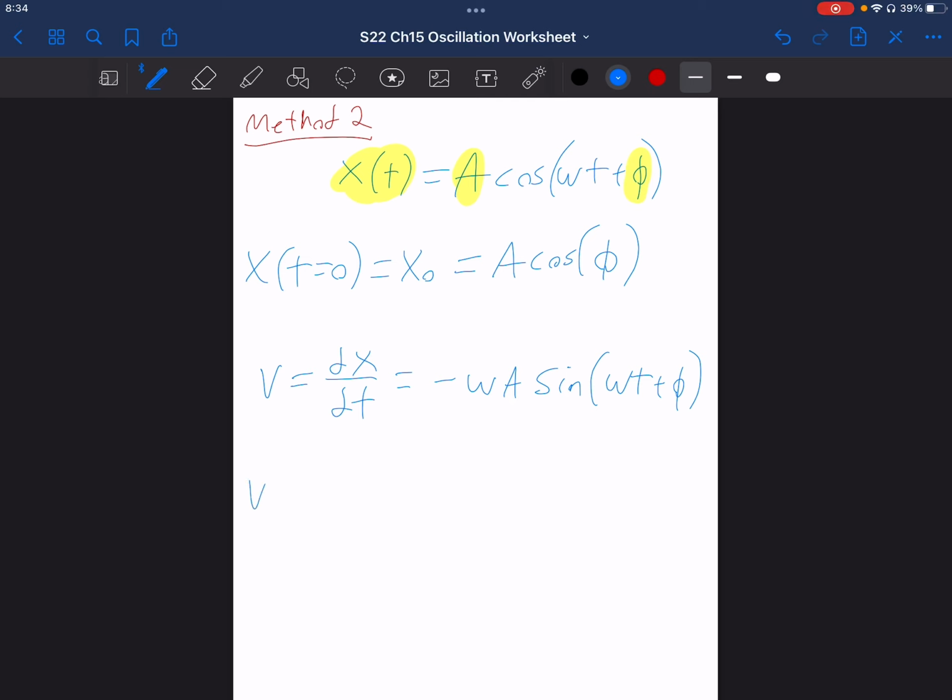And so it told me in the problem statement that our initial velocity is negative 12 meters per second. So I know my initial velocity. And so I can plug into this velocity equation for time equals 0 to derive this equation. And so now I have two equations.